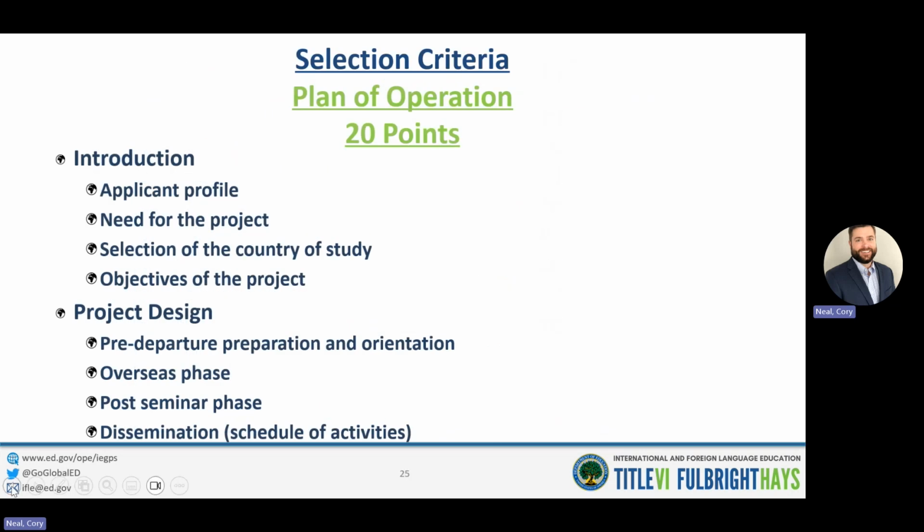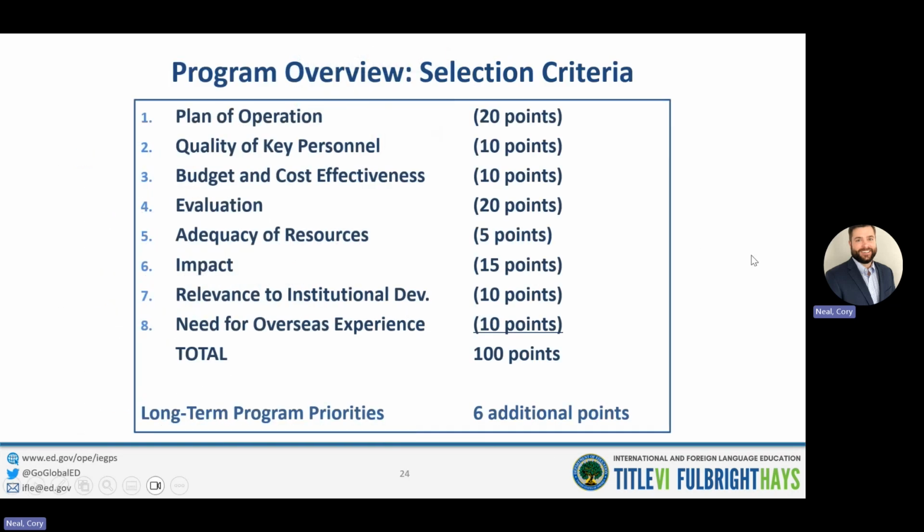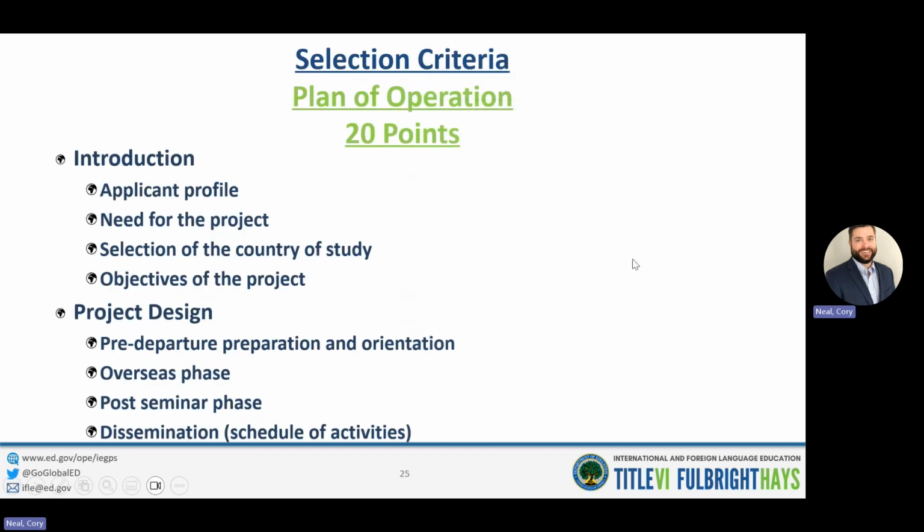In fact, I'm going to go back real quick. I want you to notice the point allotments for each of these criteria. Plan of operation has 20 points, and you'll notice that the evaluation plan number 4 also has 20 points. These are your 2 largest point allotments. So just keep that in mind as we're talking about the selection criteria.